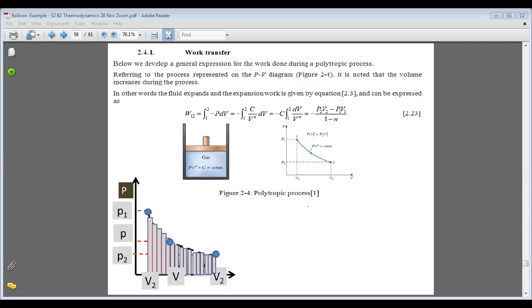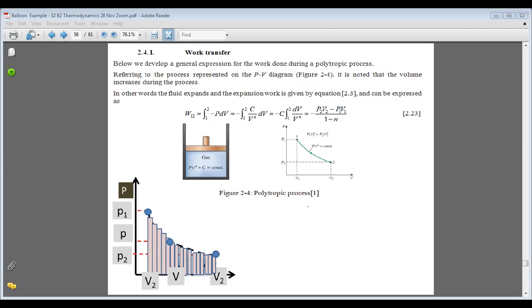So when n is smaller, W12 is a bigger value.